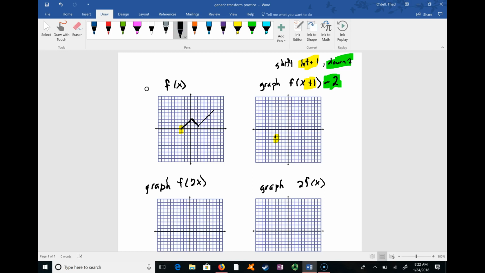Then I'll do the same thing with another key spot, like, for example, the little peak up here. So if I wanted to transfer that thing, right now it's sitting at 0, 3, so it would have to go left 1 and down 2, and it ended up right there. So that's the result. Now, all we have to do is connect the dots. And so what we're saying is that this little string here ended up going right there.